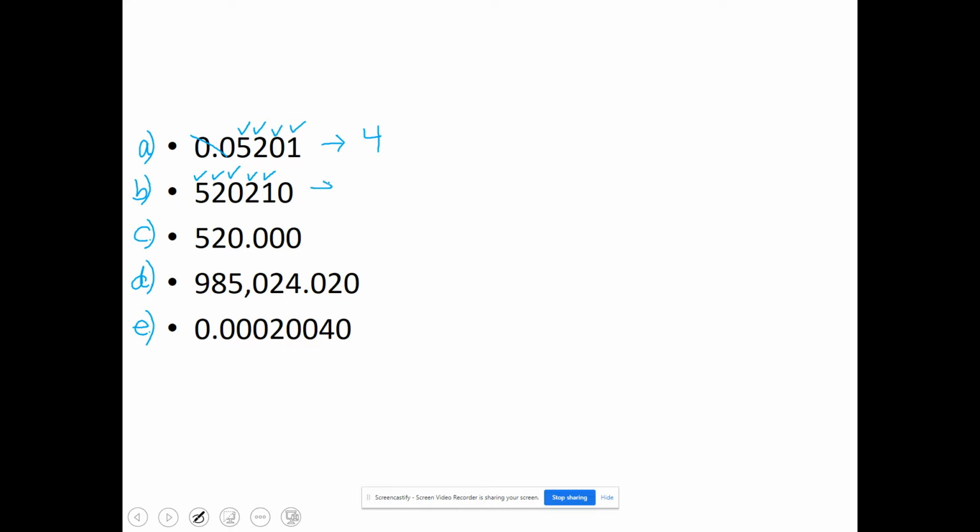So this one we're going to have 5. The next one, letter C, these 2 count. The rest are all end zeros, and there's a decimal point, so that's going to make all those zeros count. So 1, 2, 3, 4, 5, 6. So this one you should have 6.